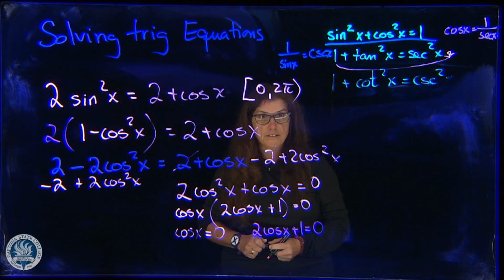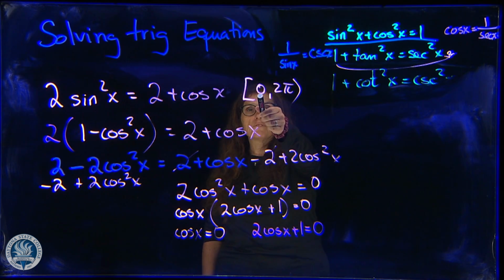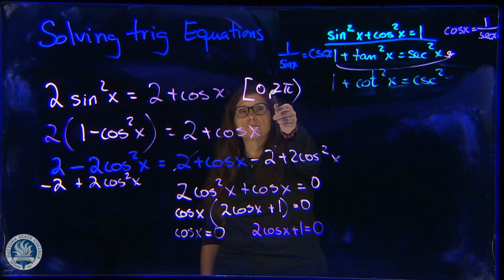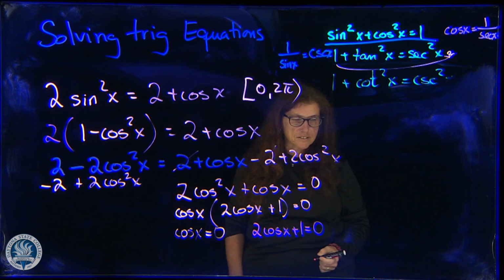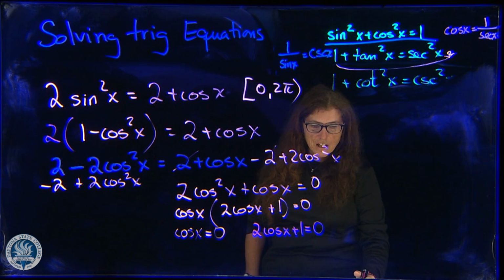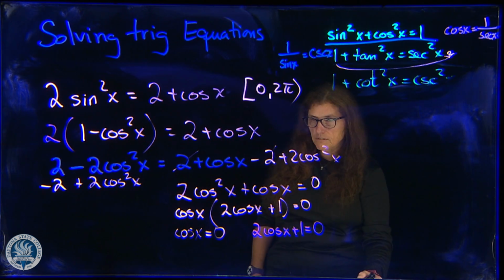Now here we have a restriction. We're looking at our domain from 0 to 2 pi. So let's work with cosine x equals 0 first. For which angle is the cosine equal to 0?